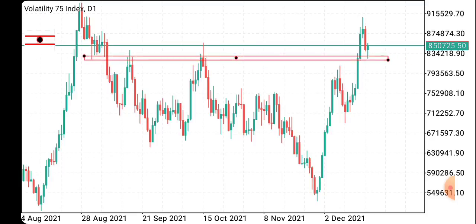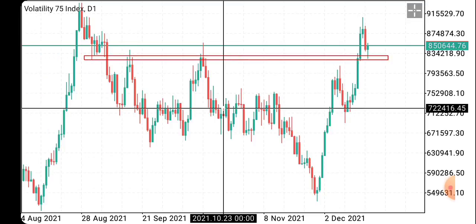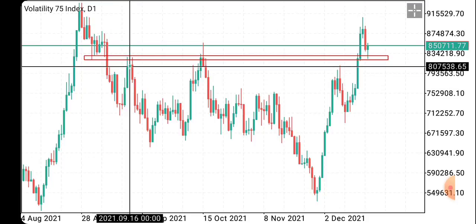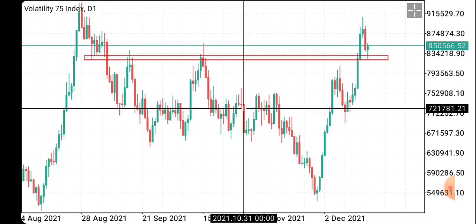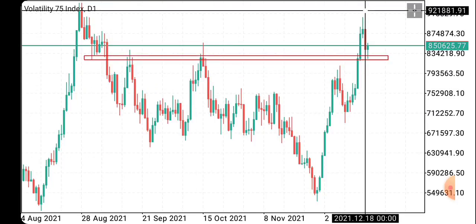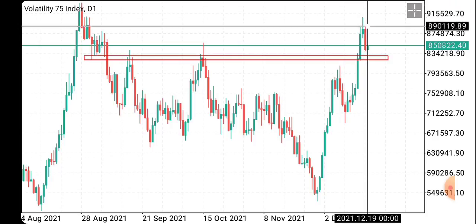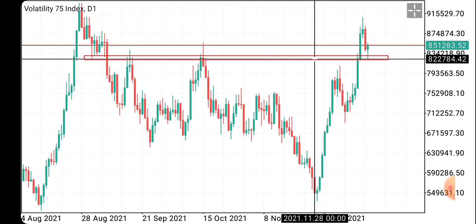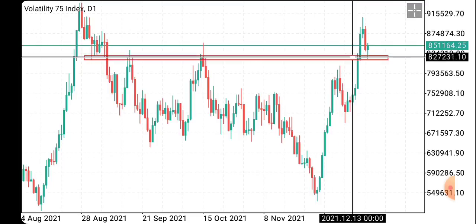This is a demand zone. Price had reacted here for a period of time and was being rejected until it finally got broken. From the law of price action, when a resistance gets broken, it becomes a support, meaning price will likely find support around here when it comes back.